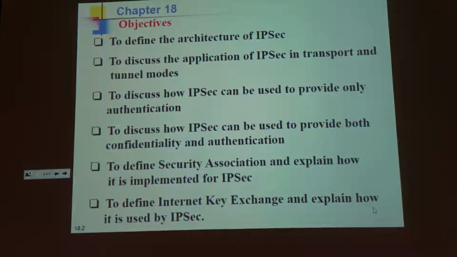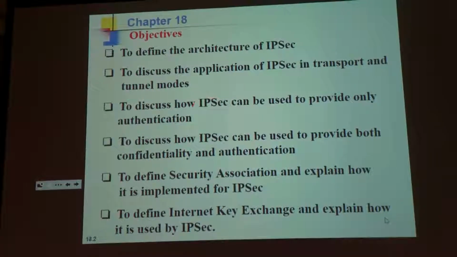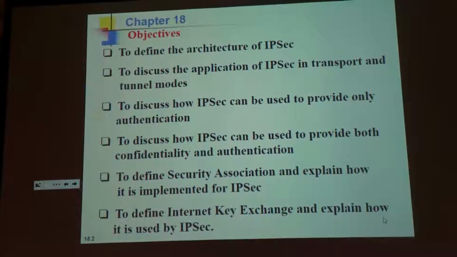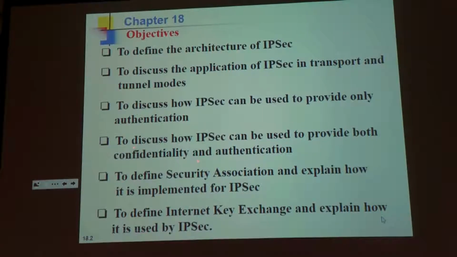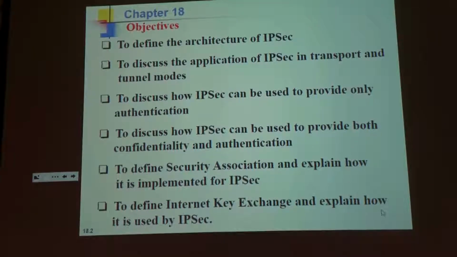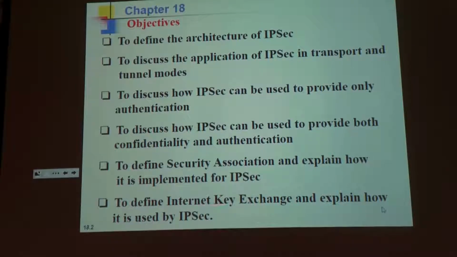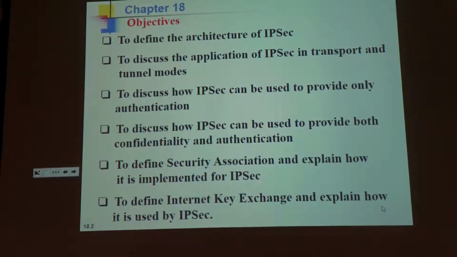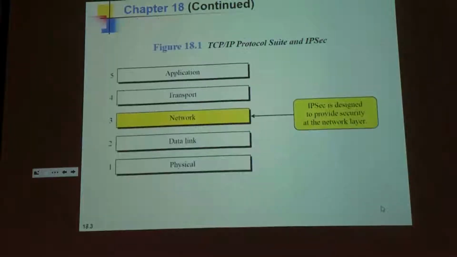We'll discuss how IPsec can be used to provide only authentication, and how IPsec can be used to provide both confidentiality and authentication. We'll discuss security associations and explain how they are implemented in IP security, and define Internet Key Exchange and explain how it is used by IPsec.